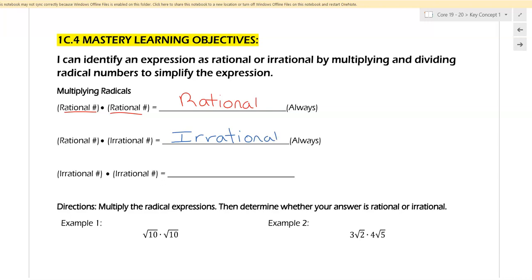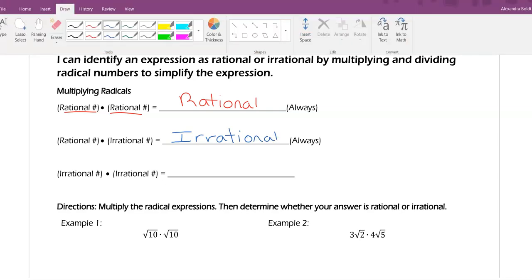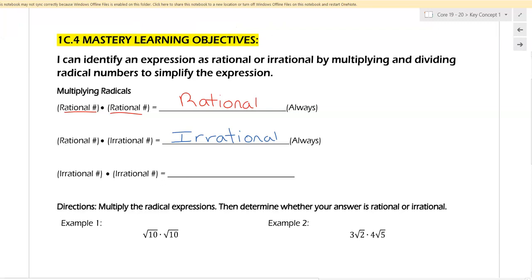Where we get into the tricky part is irrational times irrational could be either. This is the part we're really going to be looking at. If I'm multiplying two irrational numbers, and again, those irrational numbers have square roots, is my answer rational or irrational in the end?